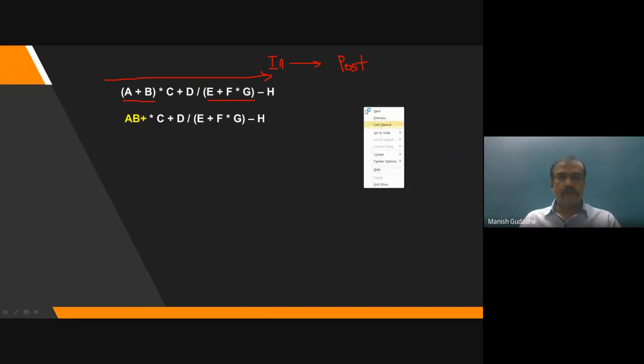This way the conversion is done. See here, the rest of the expression is kept as it is. We have just scanned the first bracket and converted it into a b plus. The bracket will be removed; it will be of no use now.